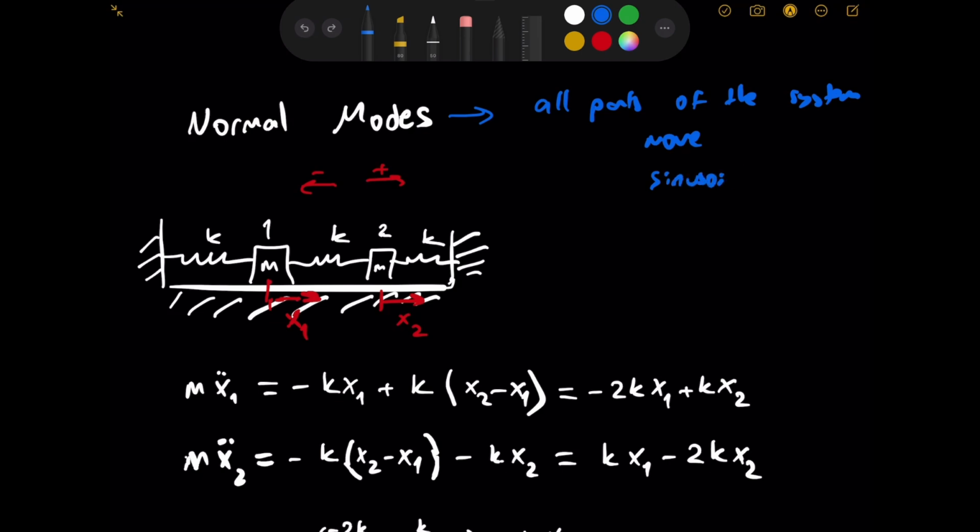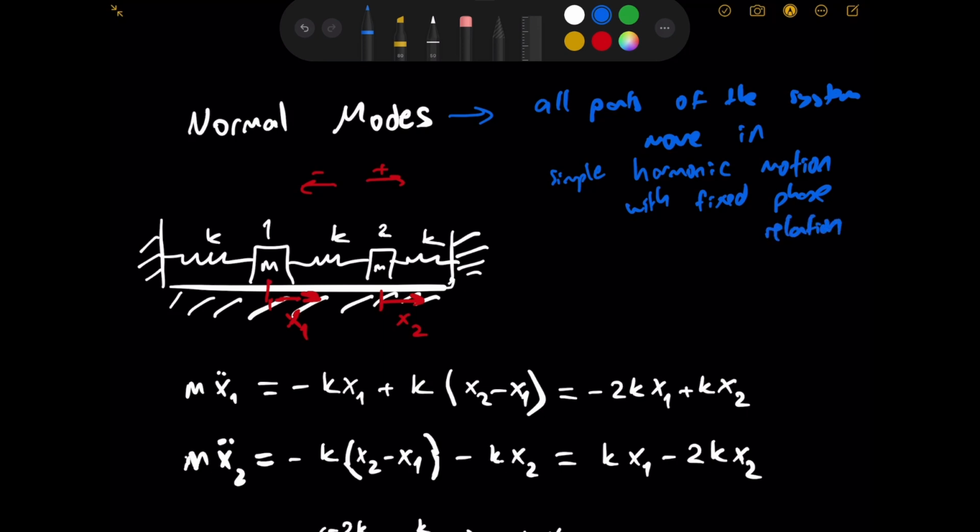I don't want to write it wrong, so let's say move harmonically. So normal modes of a system is when all parts of the system move in simple harmonic motion with a fixed phase relation.